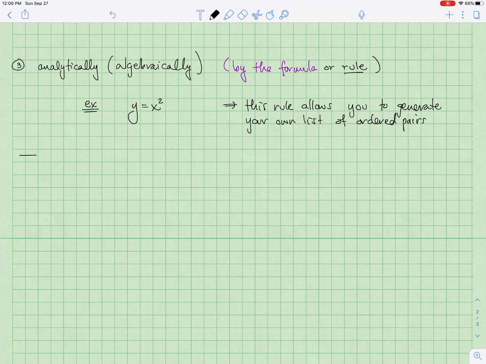For example, this is sometimes referred to as an XY chart. And you can just pick a bunch of x values, negative 2, negative 1, 0, 1, 2, 3.